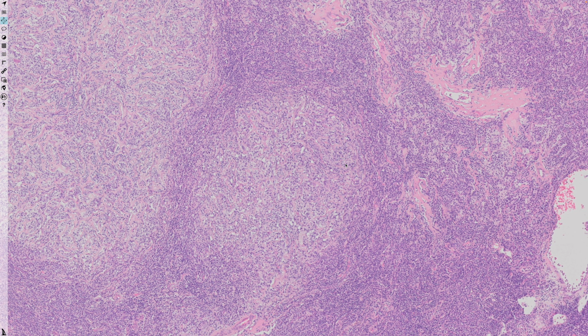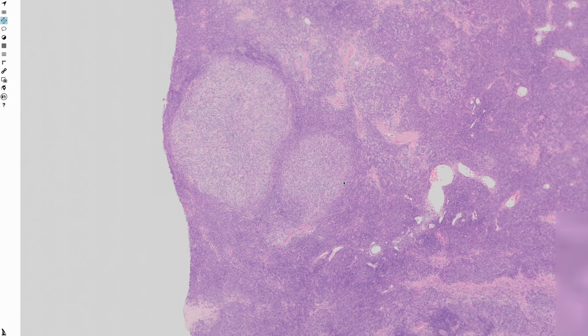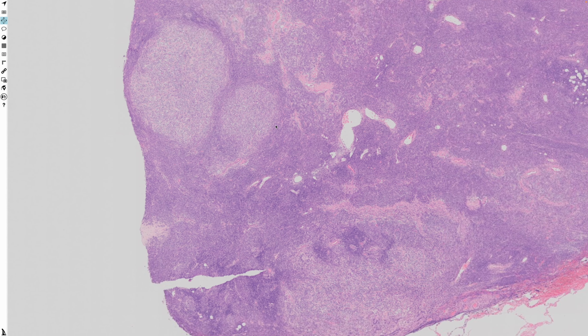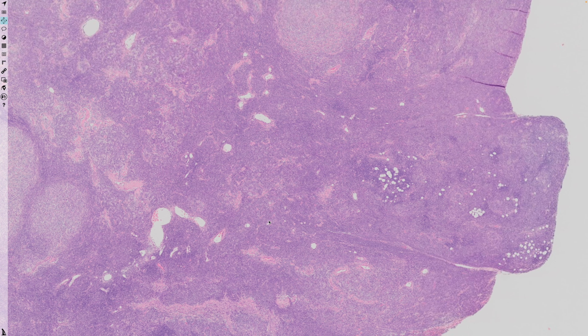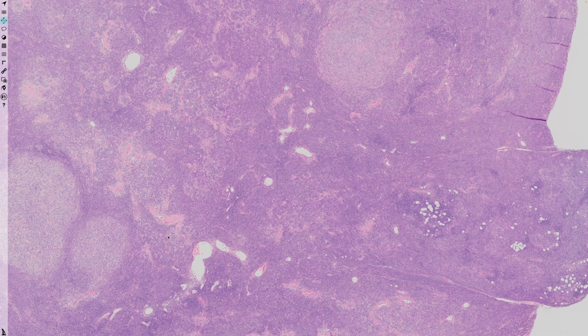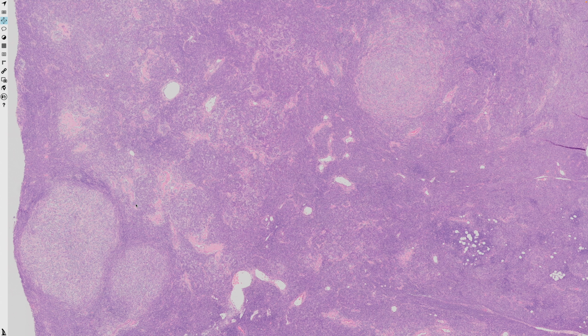Although the pictures are not available, the immunostains reveal that these nodular areas are positive for CD20, which confirms that it's a B cell origin, and they have co-expression of CD10 and BCL2 in these nodular areas. So the top differential is follicular lymphoma.